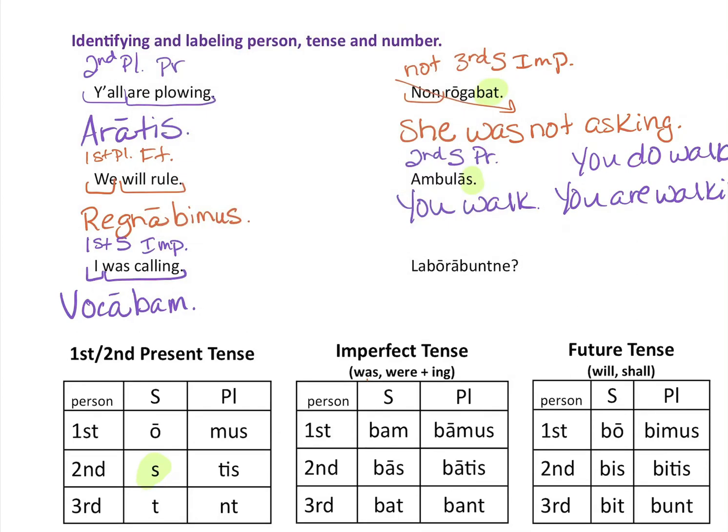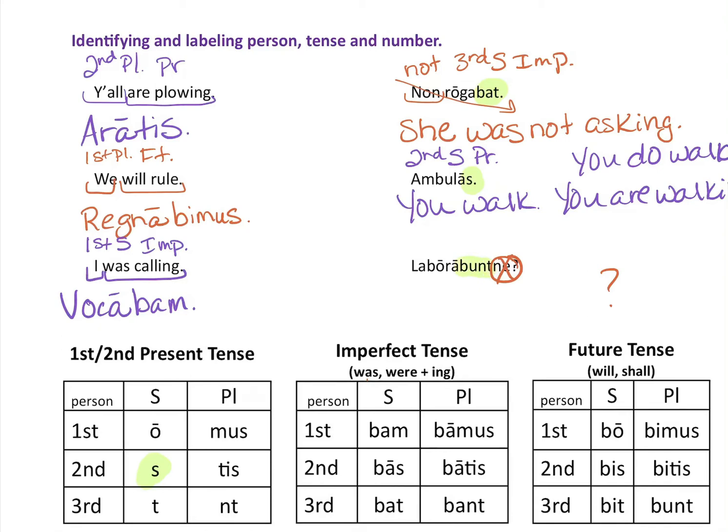Now, our last one has a couple of things on it. First, do you notice the -ne here? -Ne turns something in Latin into a question, because even though I put a question mark at the end of there, the Romans didn't use punctuation. So we know that no matter what we do, we're going to have a question mark at the end. Once you see that, you can ignore the -ne and now look for the ending. The ending is pretty long here. It's -bunt.